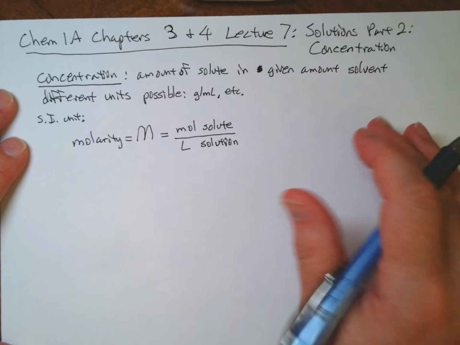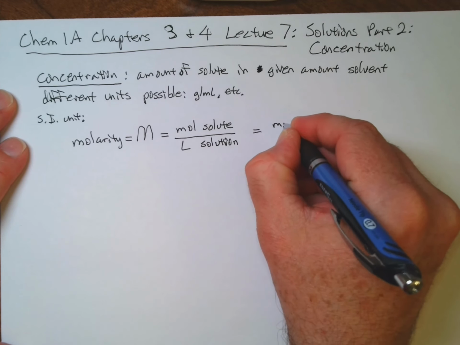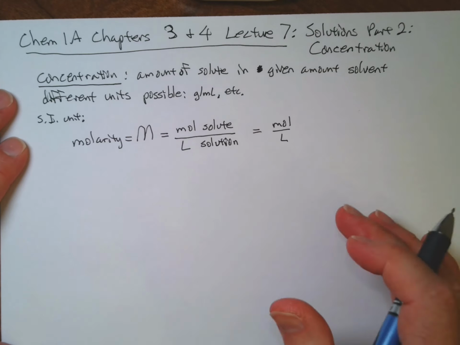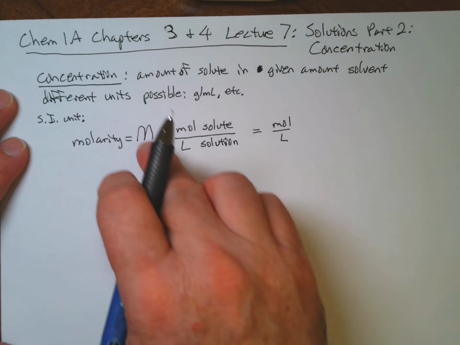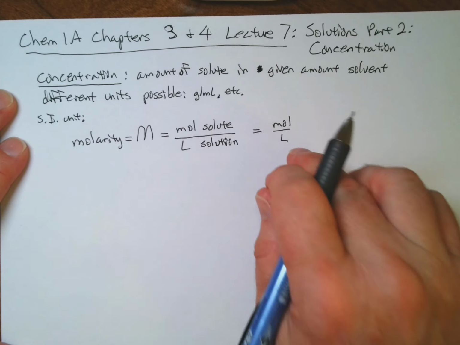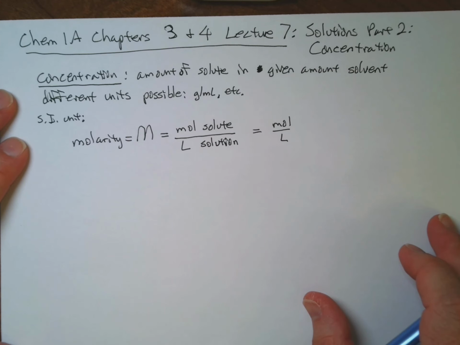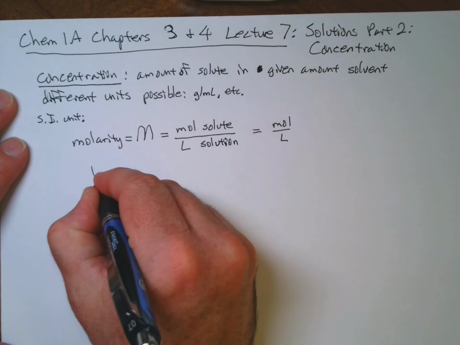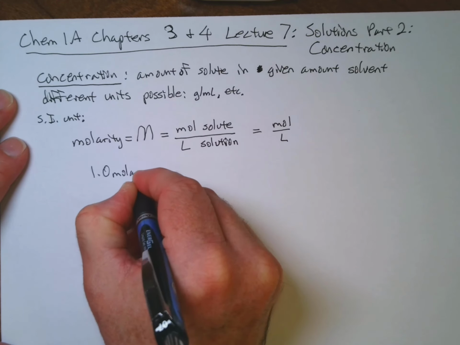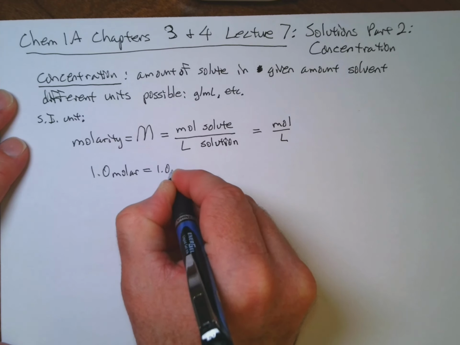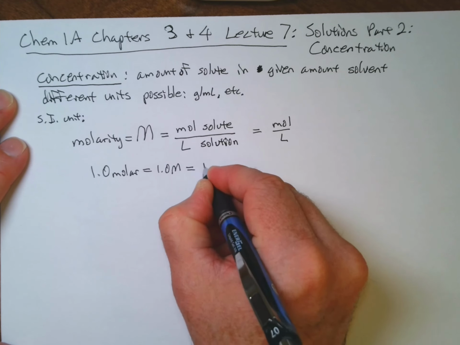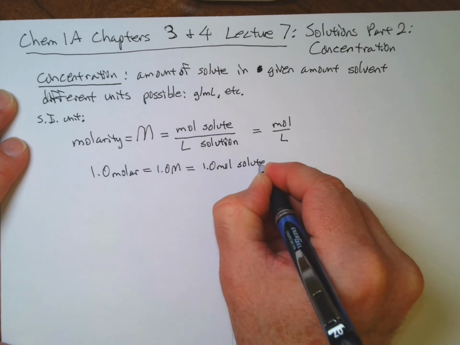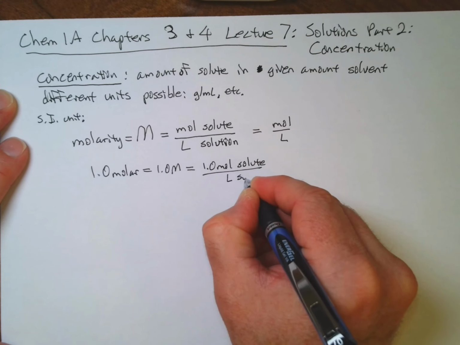So our molarity has units of moles per liter. And I want you to get used to interchanging molar and moles per liter frequently. Okay, so 1.0 molar equals 1.0 capital M, which is 1.0 moles solute per liter of solution.